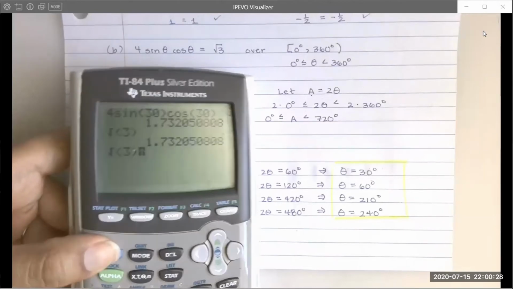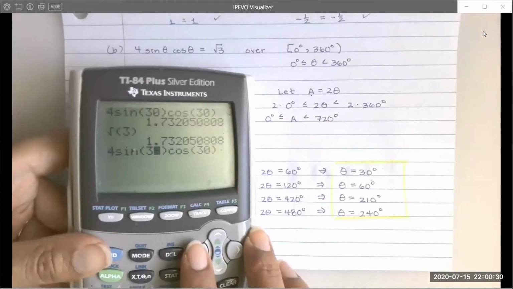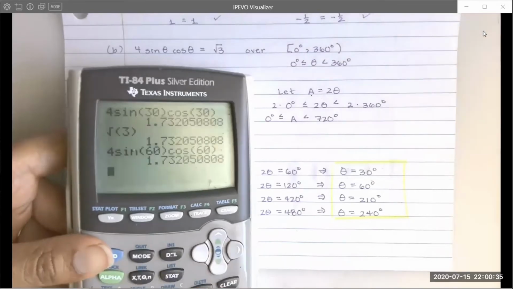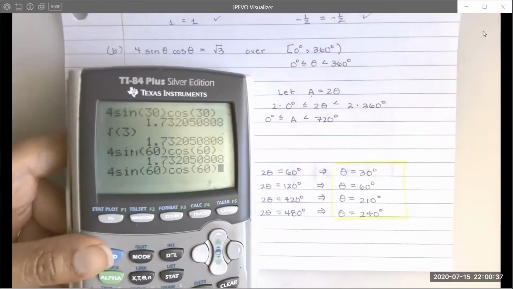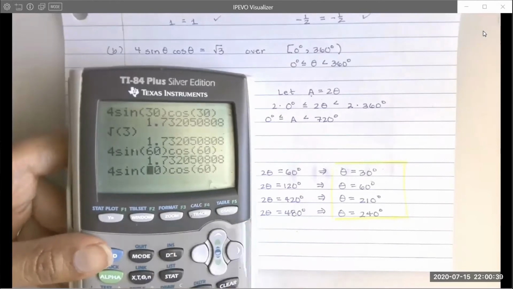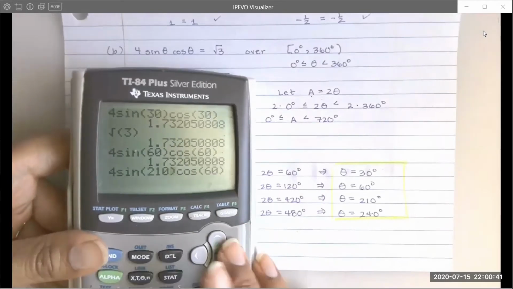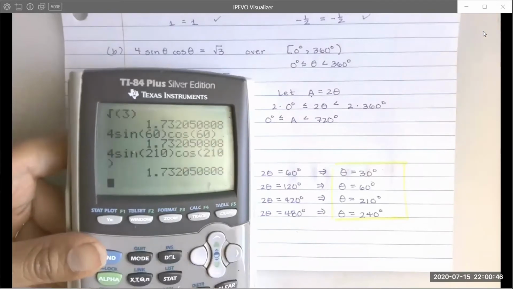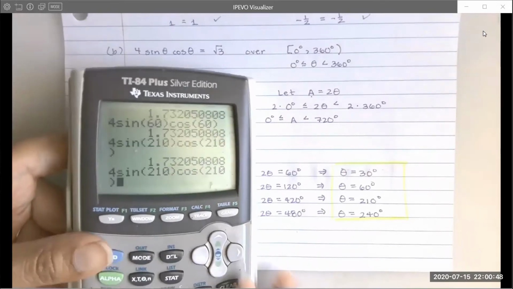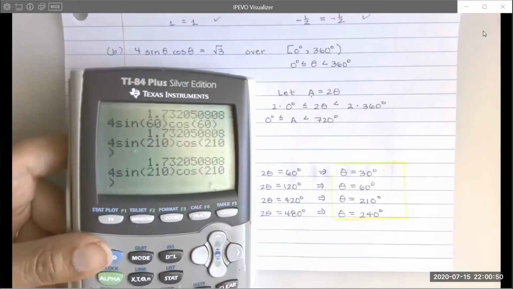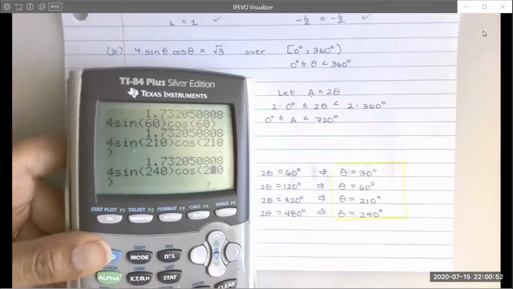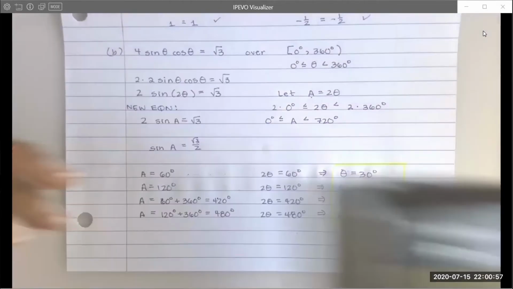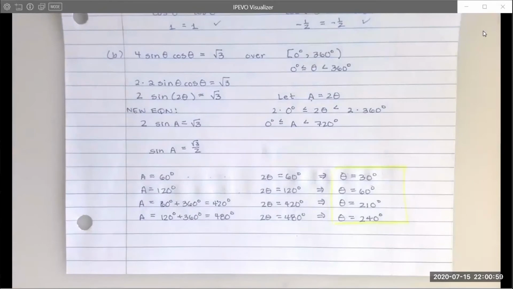Then we change that to 60. Same number. Then 210. Same number. Last one, 240. Same number. Okay, awesome.